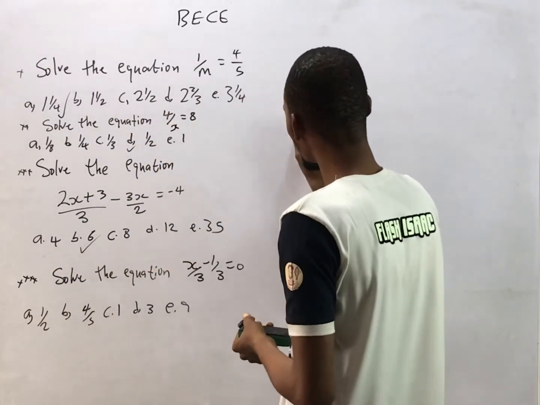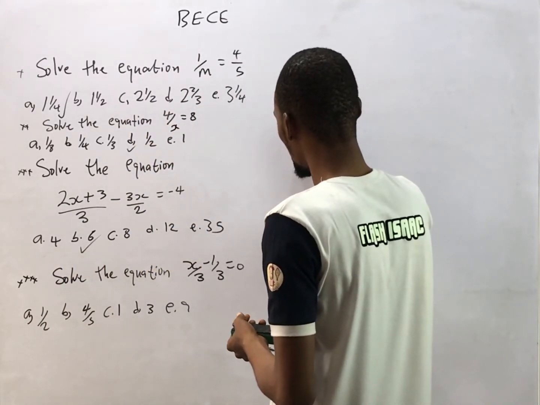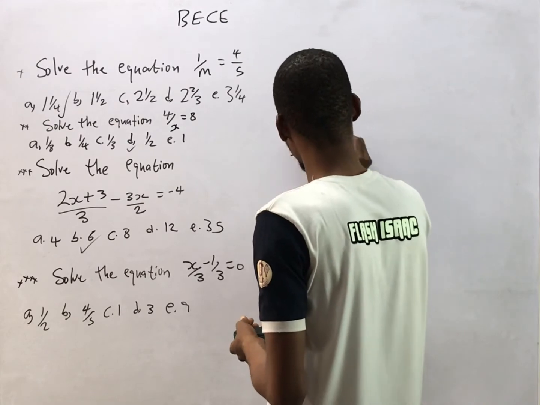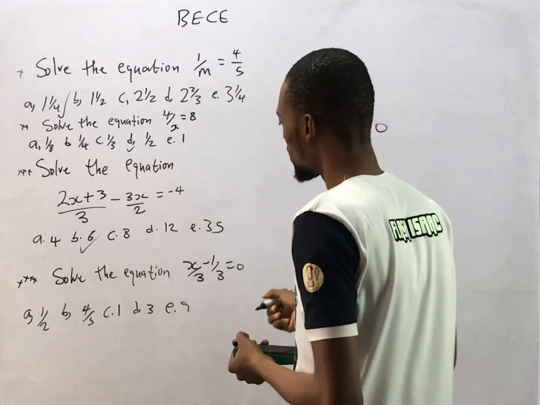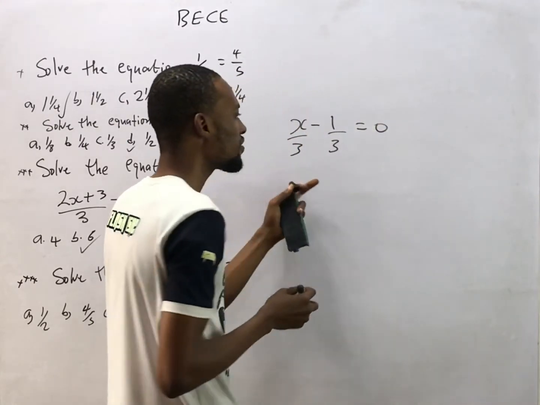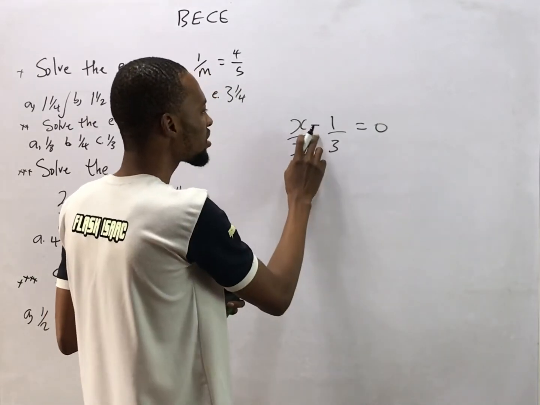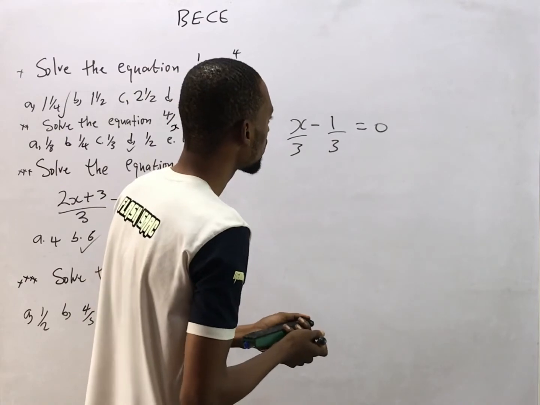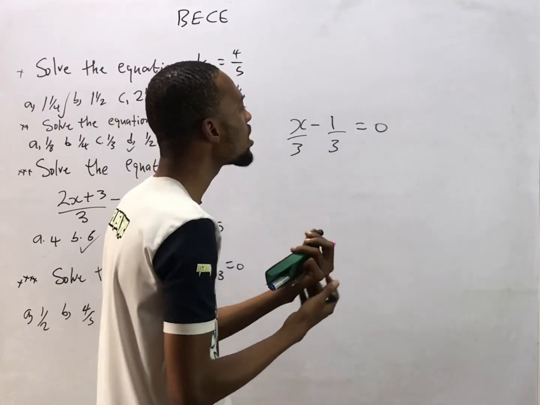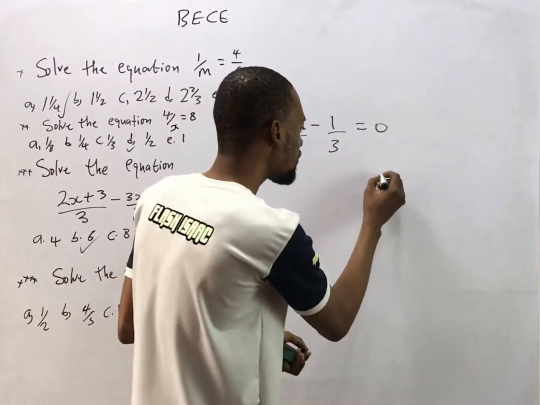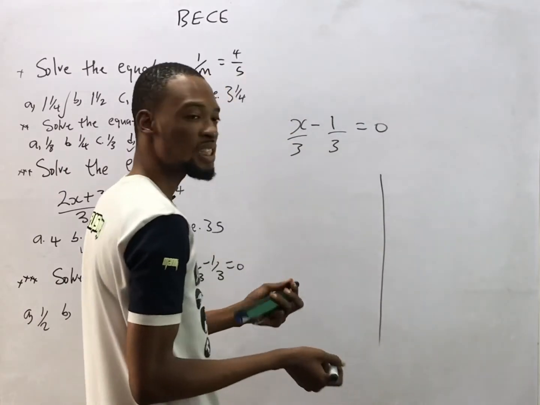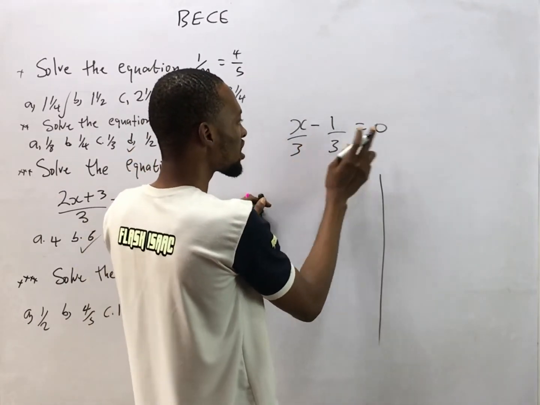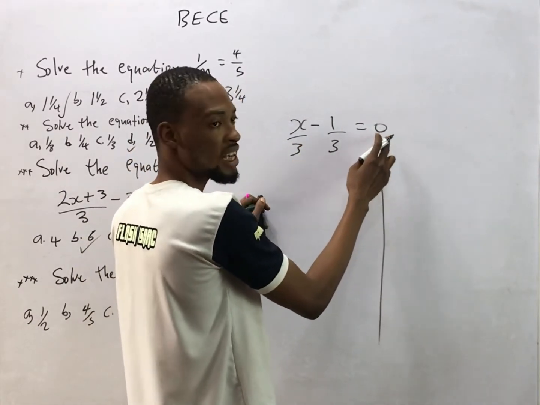So the last one says (s minus 1) over 3 is equal to 0. Actually it reads s over 3 minus 1 over 3 equals 0. So in this equation, we are solving for s, and minus is holding them. So we can't just cross multiply. We have different ways to solve this equation. I will solve it in two ways. You can choose to say, since there is minus here and this is 0, you can collect like terms.